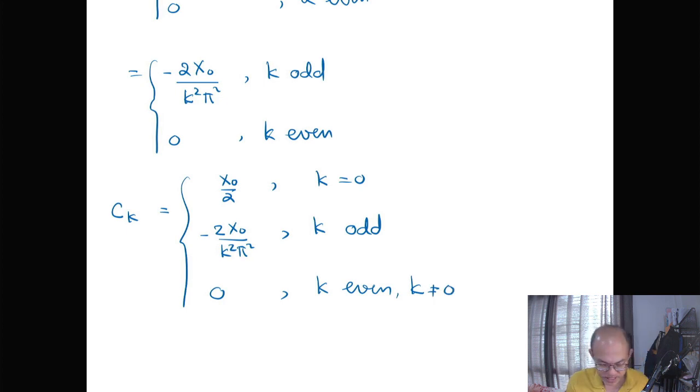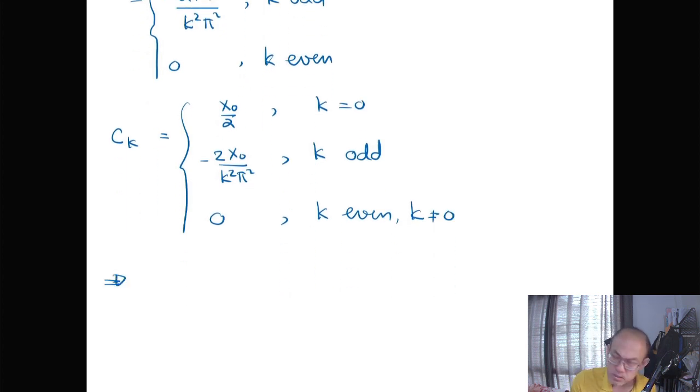Now I have ck, so I can write down the Fourier series of x in the exponential form, complex exponential form.